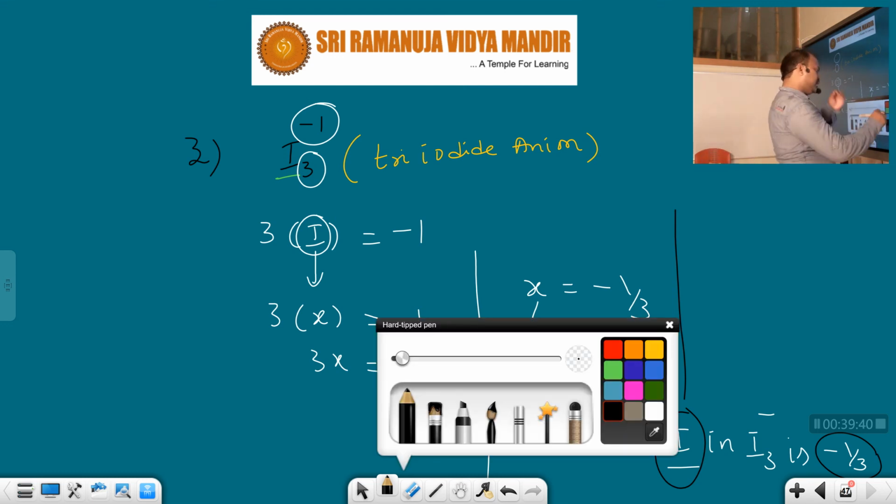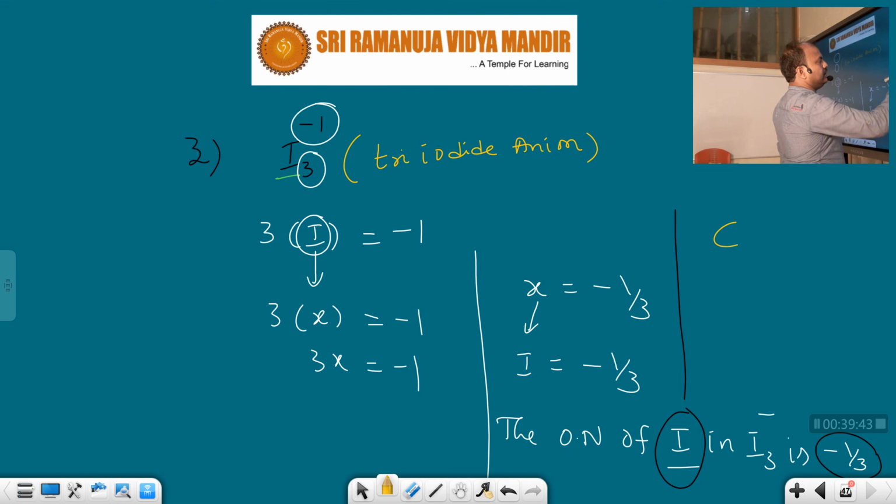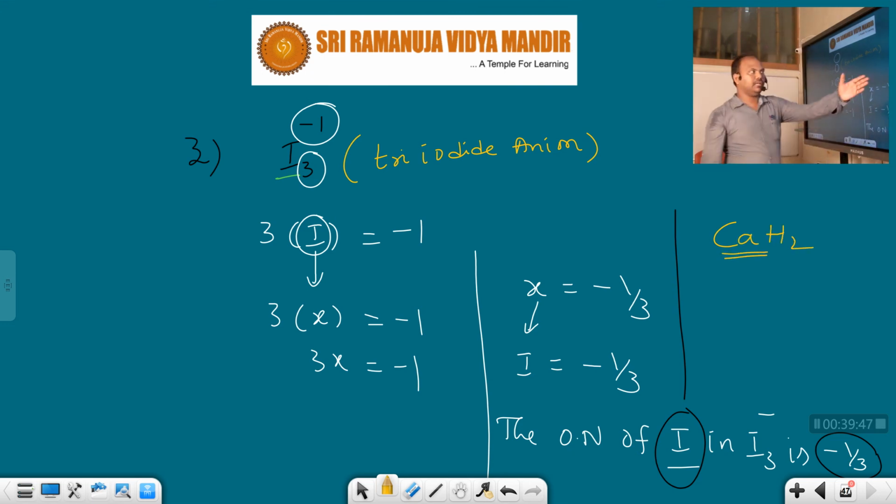Next one, if you take calcium hydride, what is the oxidation number of calcium? Underline, put that one with respect to calcium. We have to find the oxidation number of calcium here. Calcium is the metal containing hydrogen. This is a metallic hydride. Whenever a metal combines with hydrogen, it forms metallic hydrides.